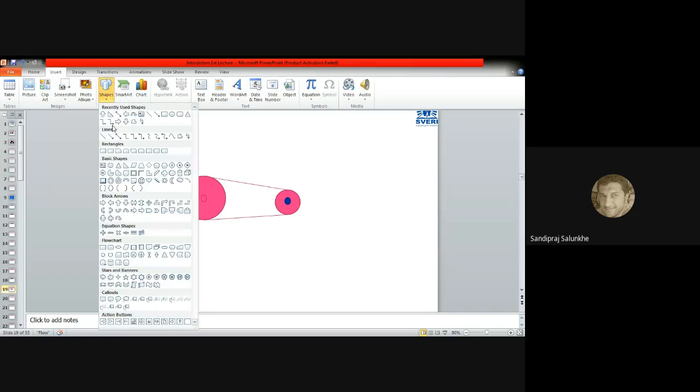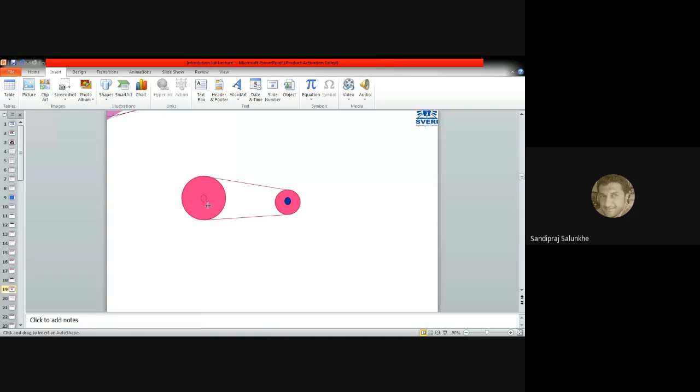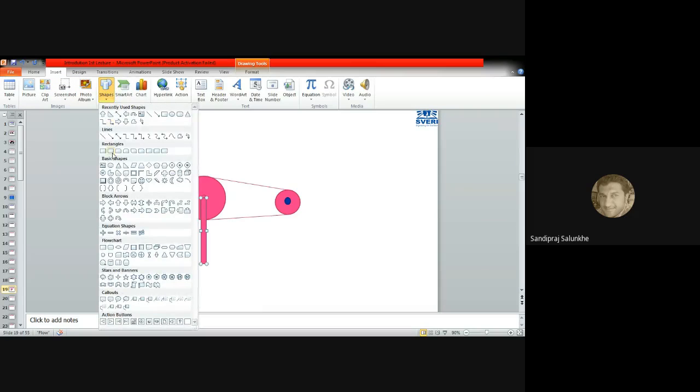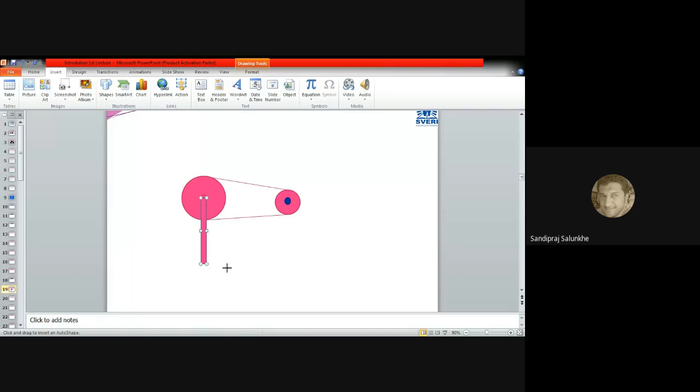Again, we are doing one more thing to reduce our effort: we are using one paddle which has more length than the wheel which was used, on which you are going to apply effort.